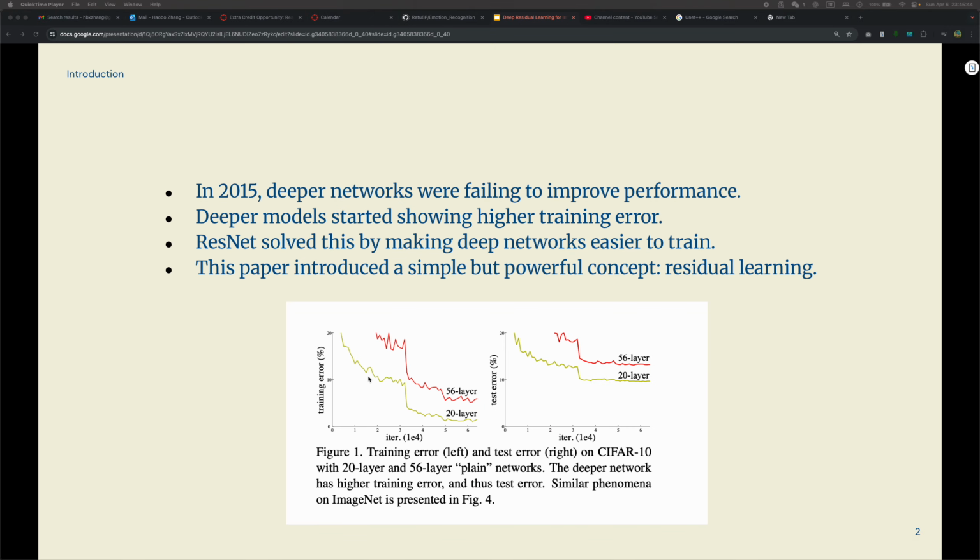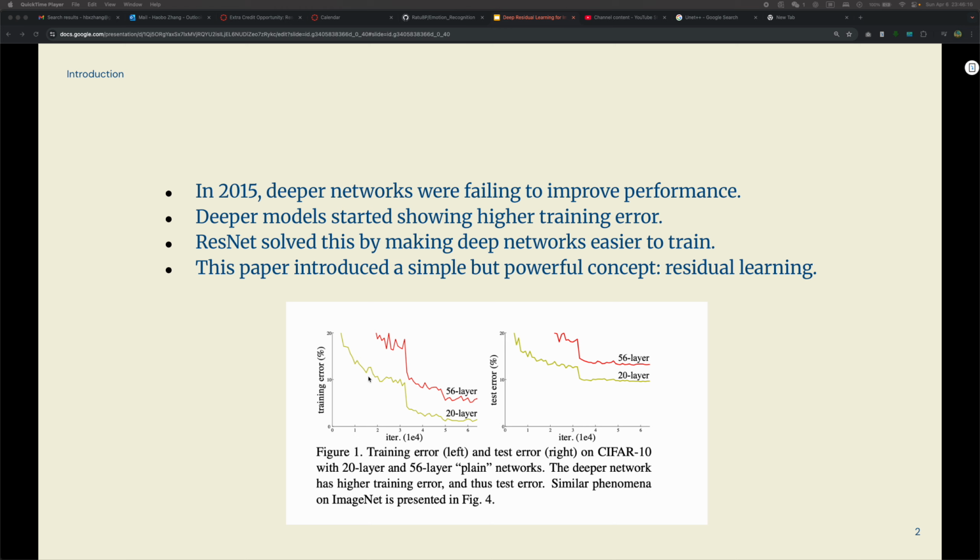So, in 2015, deep networks were failing to improve performance, and that's why, in this paper, researchers were trying to train very deep neural networks, but they found a strange issue. Deeper networks were not just overfitting, they were actually performing worse on both training and test sets.